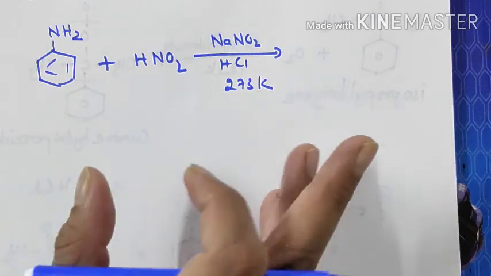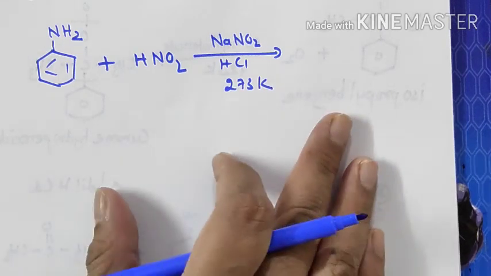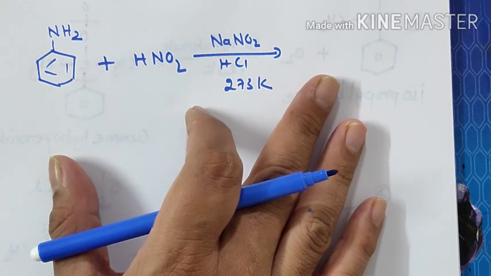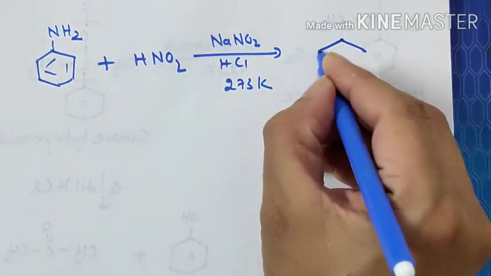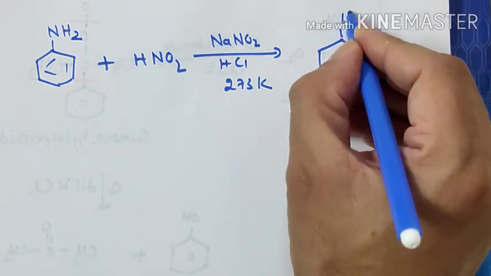Now, why does that happen? There's a full mechanism, and that whole mechanism I'm going to explain to you when we do the chapter of amines, right? But for the time being, you have to understand that it results in the formation of this compound.